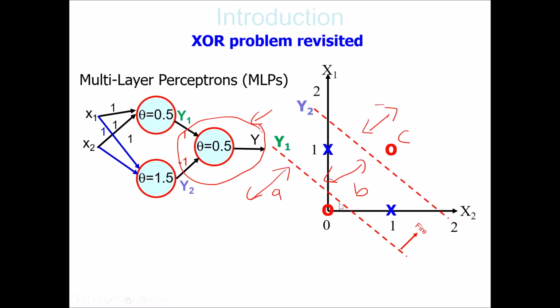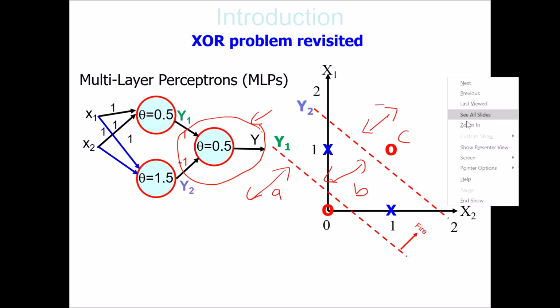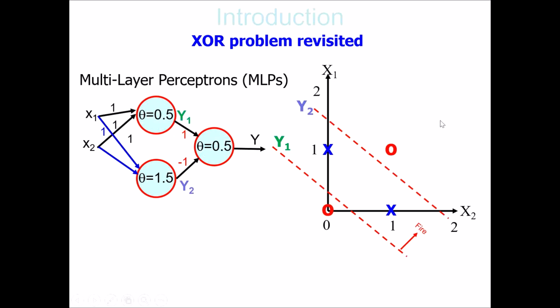For each decision boundary, let me clear the screen. We have the decision boundary for y1 here. A decision boundary gives two conditions: either fire or not fire. Fire means the region belongs to 1, and not fire means it belongs to 0.